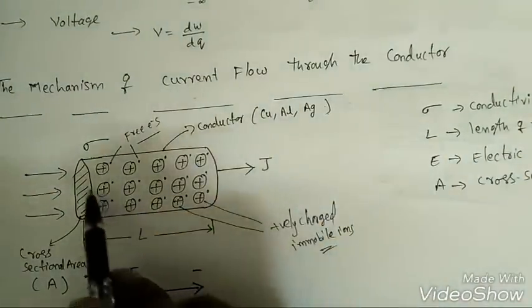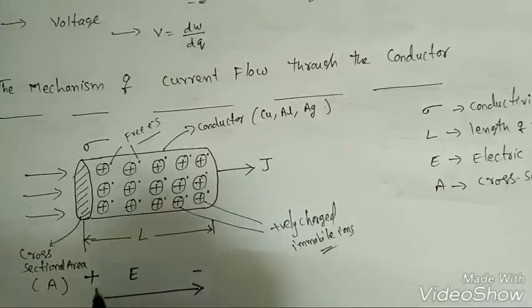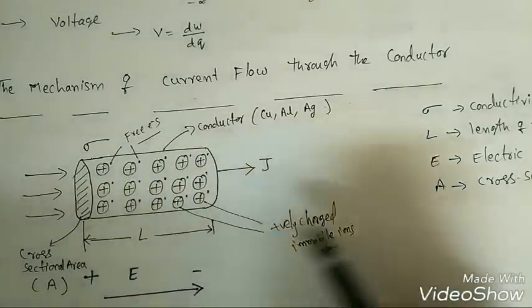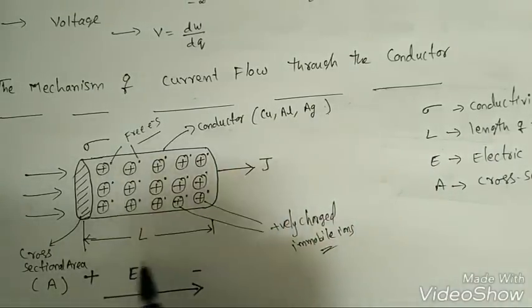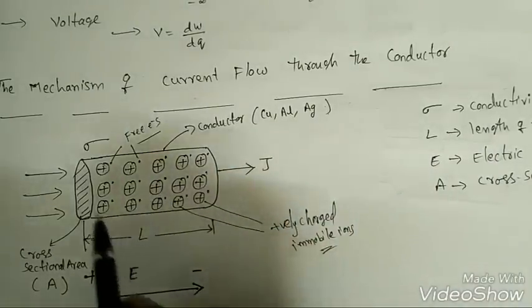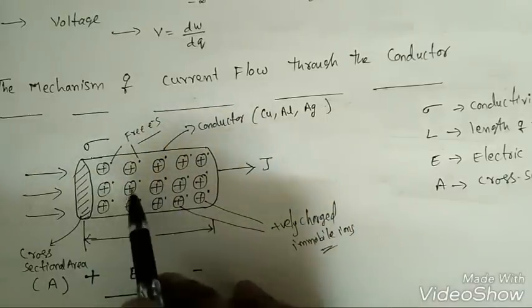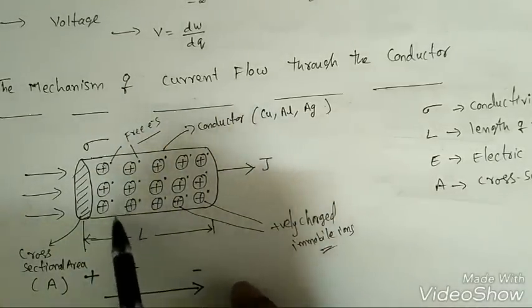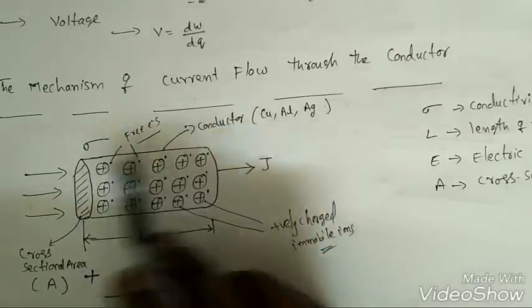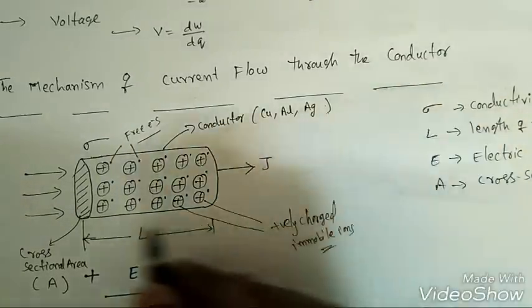Now suppose this is a conductor. Suppose from the generator you apply some electric field, or later we will say voltage, or force. The electrons will try to move randomly. They get some energy and try to move, but with different velocities.